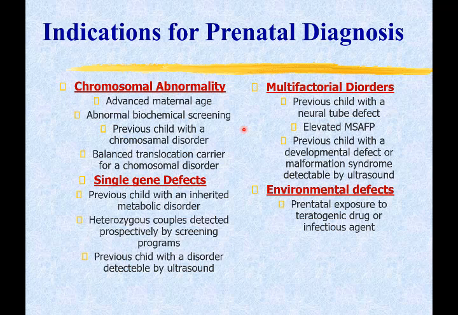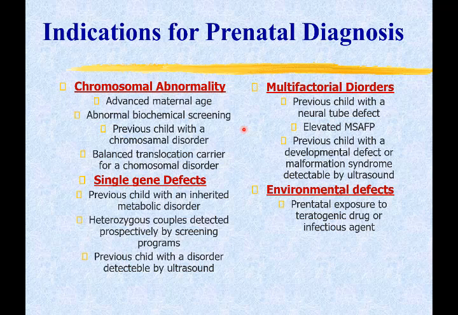But we have to be concerned with the older age to diagnose exactly the chromosomal abnormalities, mostly the numerical aneuploidies like chromosome 13, 18, and 21, and XY, the sexual aneuploidies.